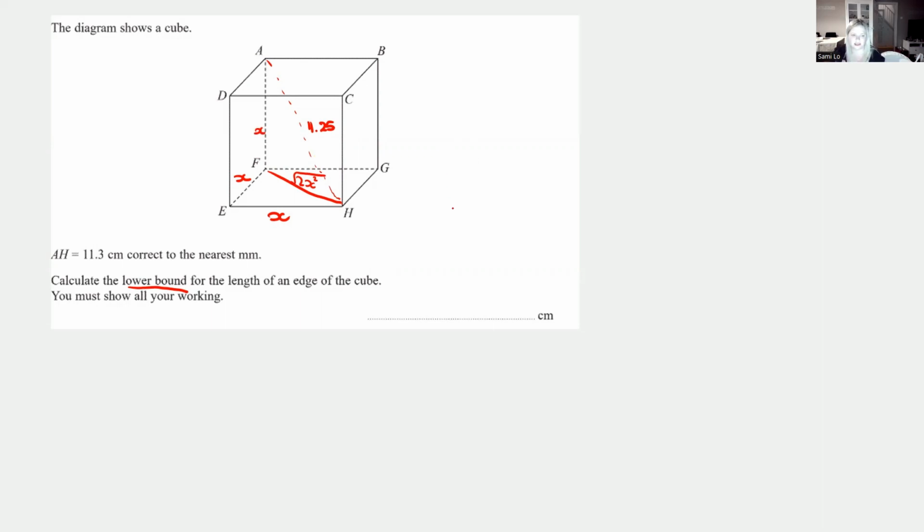So it's this nice follow-on question, isn't it? So we know the answer to this at the moment is 3x is equal to 11.25. So therefore, x needs to be 11.25 over root 3.